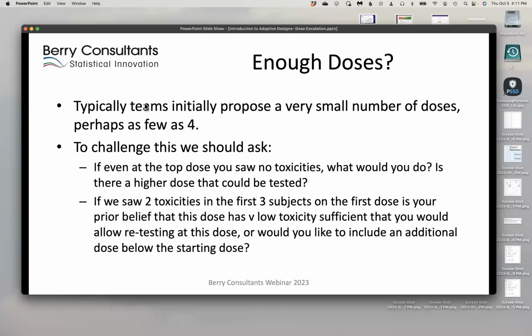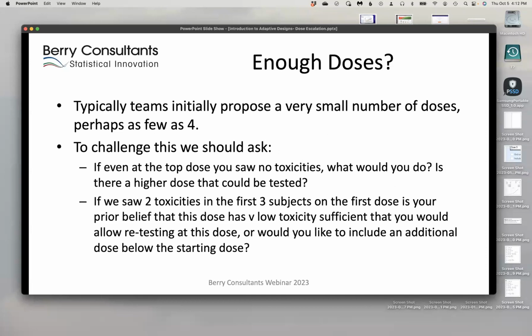It's surprisingly often that the team will actually have a very small number of doses they want to test, perhaps as few as 4, almost too few to be bothering with the design at all. And it's worth challenging them with questions such as, well, if we got through all 4 doses and see no toxicities, what would you want to do?